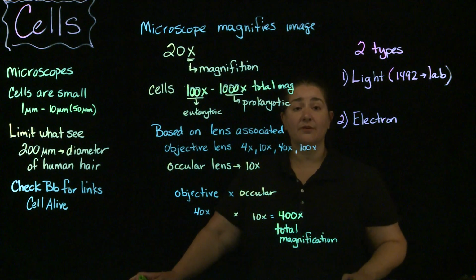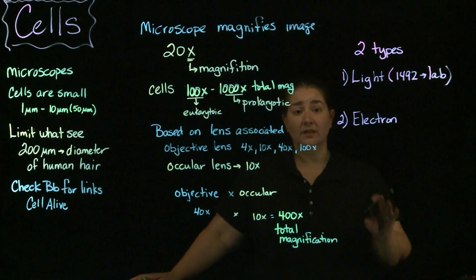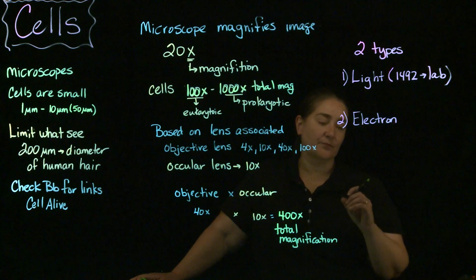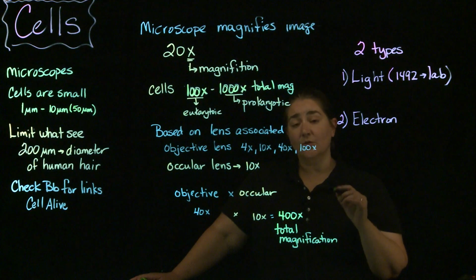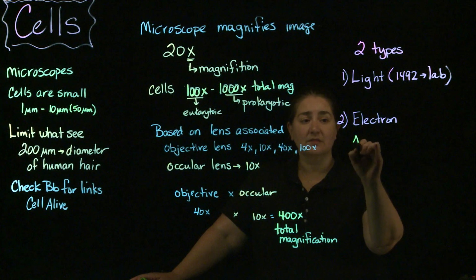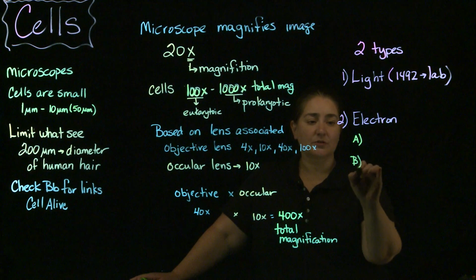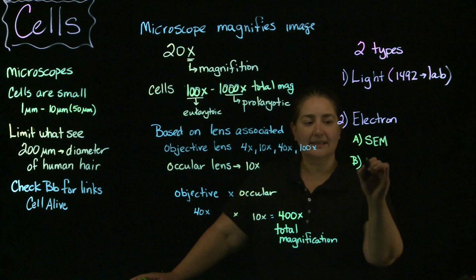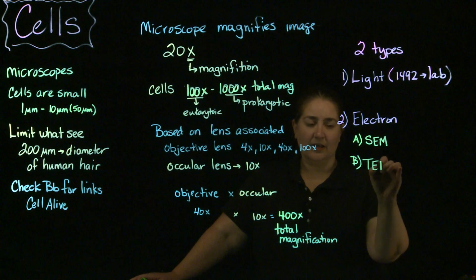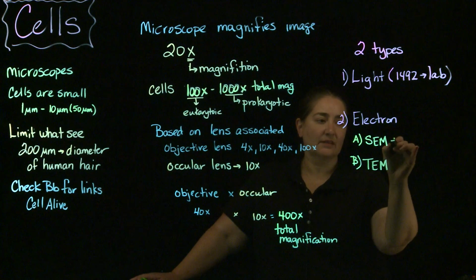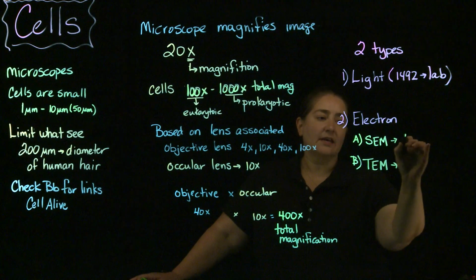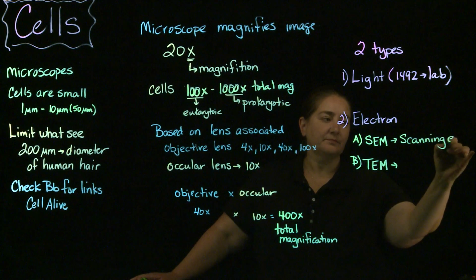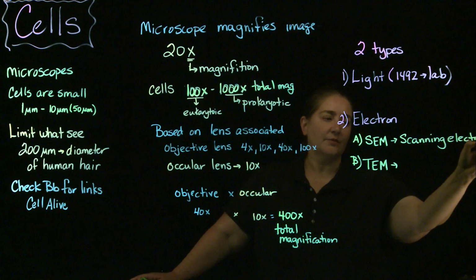Electron microscopes are very delicate pieces of equipment, so you have to undergo a lot of training in order to use an electron microscope. With the electron microscope, we're going to have two types of electron microscopes. We're going to have what's known as an SEM, and we're going to have a TEM. Okay? The S stands for scanning electron microscope.